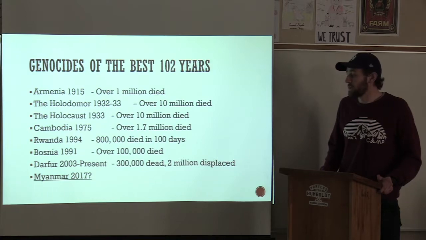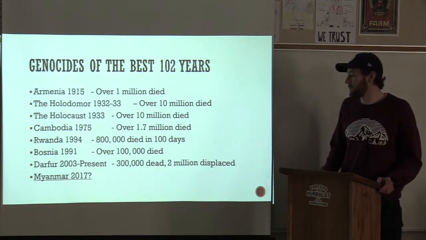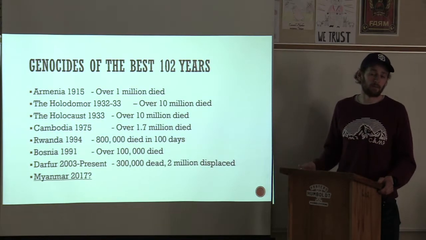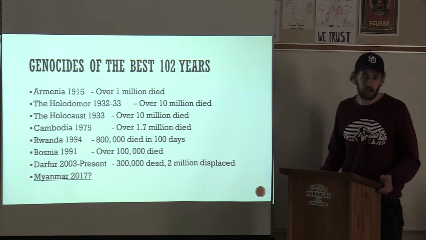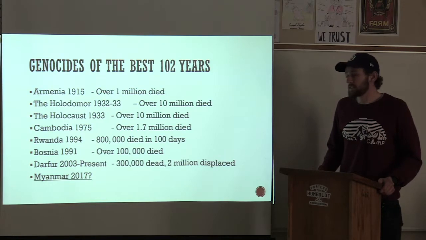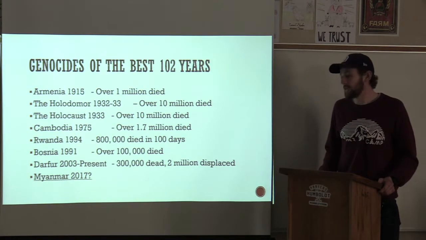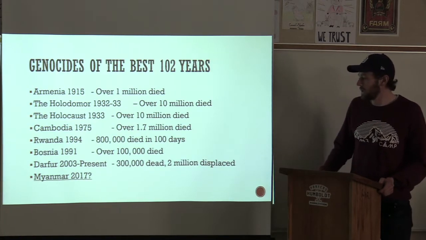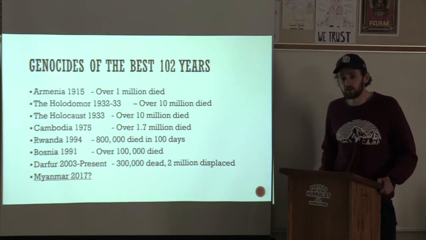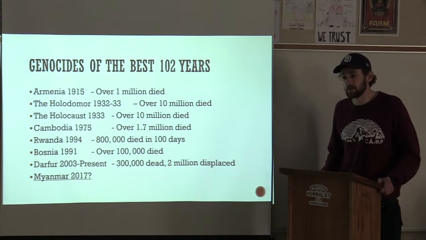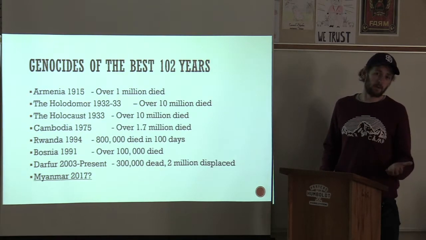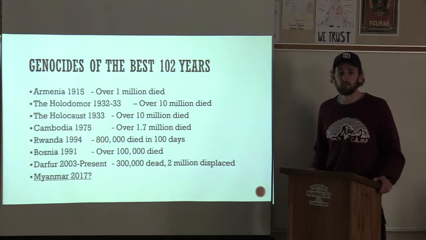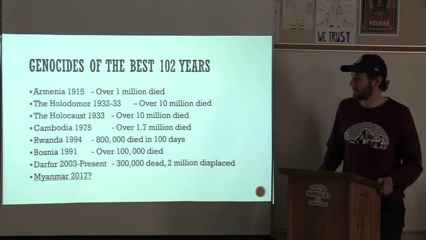Darfur, 2003, still going on to this day, in which 300,000 people have been killed in conflicts between Arab Africans and African Africans. And this has led to, like I said, 300,000 people dead and over 2 million refugees displaced from their homes. And then currently, we have the starting of a genocide taking place in Myanmar as of 2017, where the Buddhist government and the Buddhist army of Myanmar have been systematically trying to chase the Muslim Rohingya people out of Myanmar.